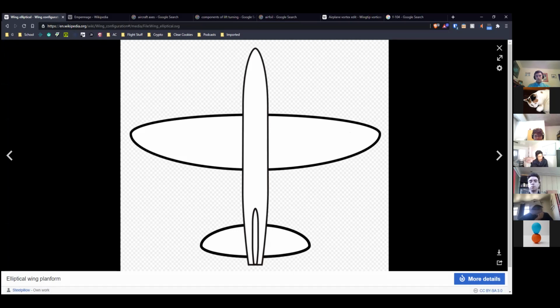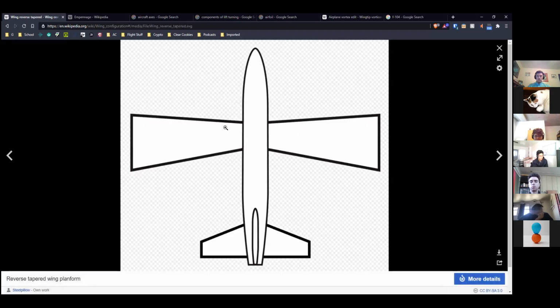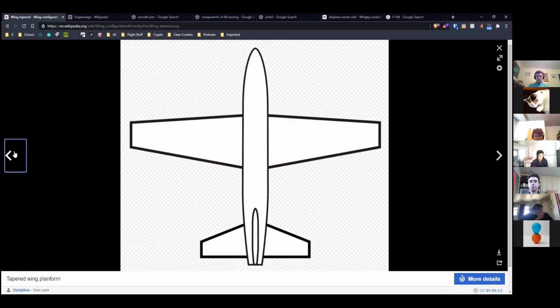We would say that it uses an elliptical function for its planform. Trapezoidal taper, I don't think I've ever seen a plane that looks like this, so I wouldn't recommend starting off with that.